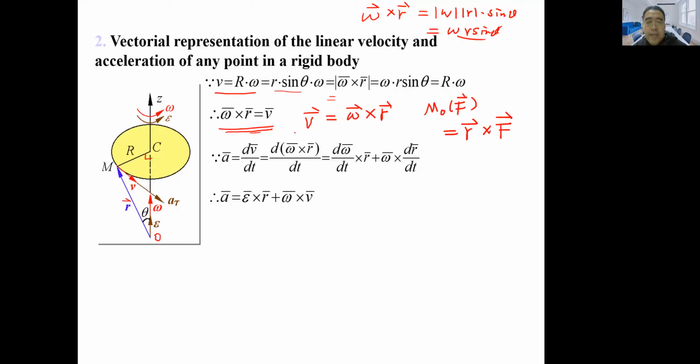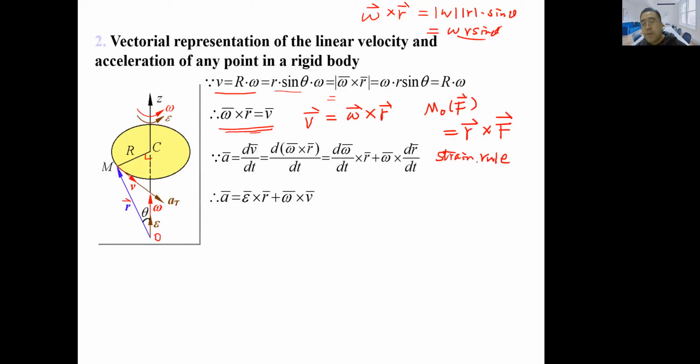If you can understand this expression, then we can talk about angular acceleration. We just use dv dt to find this, because the v vector equals this. So we just take d of omega cross product r over dt. So we can use the so-called chain rule.